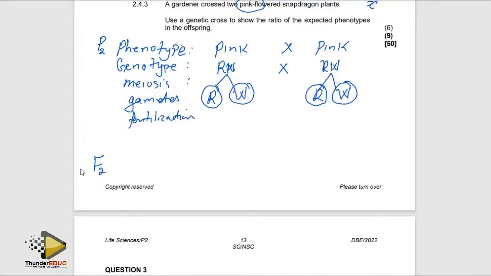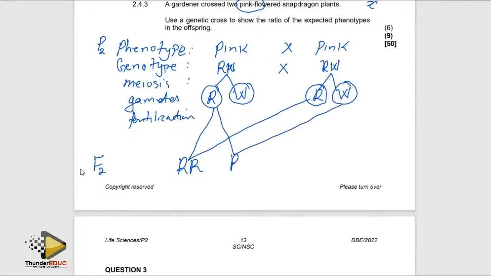When fertilization occurs, you can use a Punnett square, or you can use crosses. Since it is a monohybrid cross, you can use crosses. For example, this goes with that. So I'm going to have capital R, capital R, and now this with that.